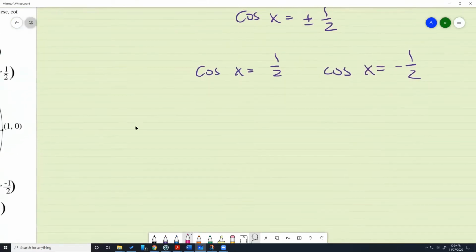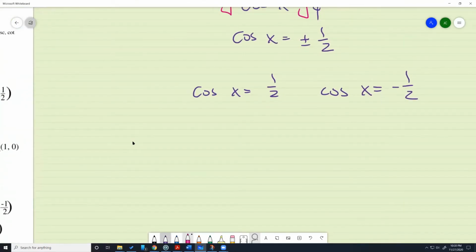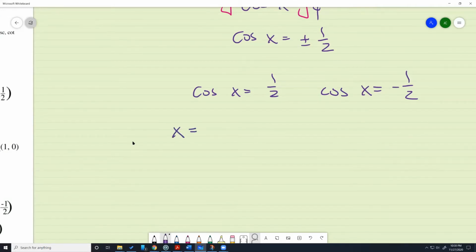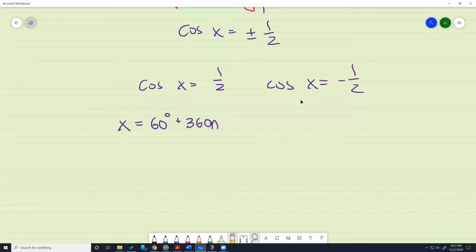So the way you write your answer for now, and technically this is not correct, but I just wanted to show you something: 60 degrees plus 360n.